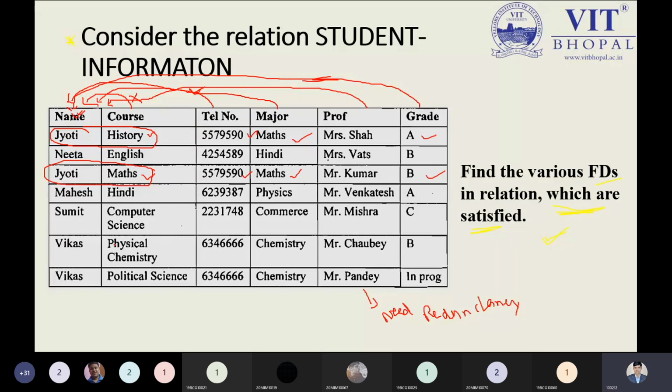Another student got the B grade while opting for this course, and the major is chemistry. While he elected this political science course inside the chemistry major, his grade is still in progress. So grade will not depend on the name only. As you will see, the duplicacy will be there. So name and course together, we can say, determine the grade.